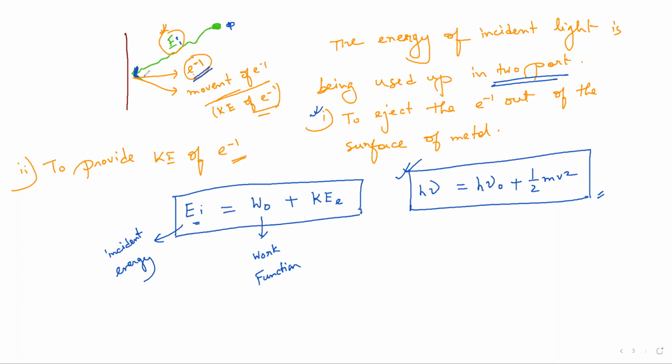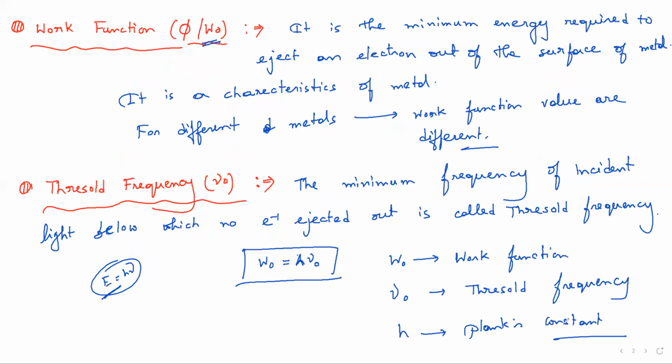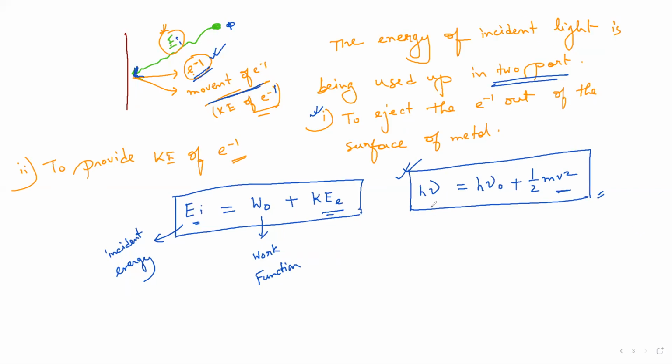The first part is responsible for ejection of the electron, in which case only the work function is required. The second part is responsible for movement of the electron, that means it gives kinetic energy to the electron. This is the formula of kinetic energy, half mv square, and W naught you already know is h nu naught, and E is h nu. Is it clear? Any doubt regarding this formula? No, sir. Yes, sir.